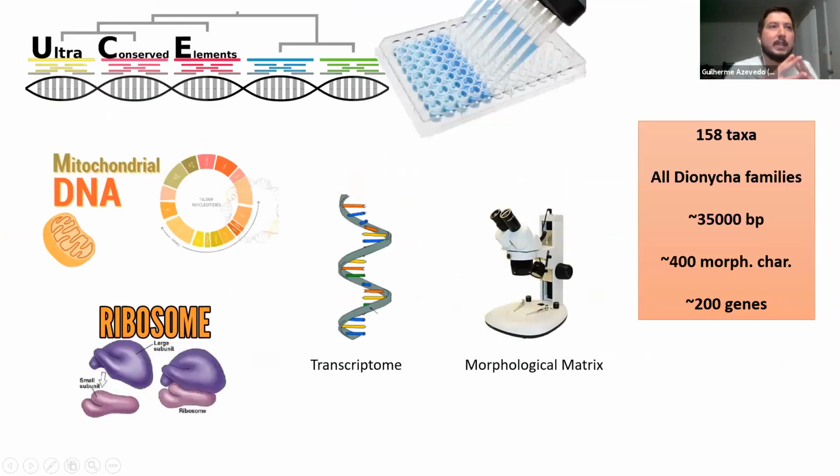So we decided to investigate the phylogeny of Dionycha using comprehensive taxon sampling and also a lot of data. We tried to use genomic data and also morphology, transcriptomes, and also the usual suspect markers. That allowed us to have a really comprehensive sampling of this group.